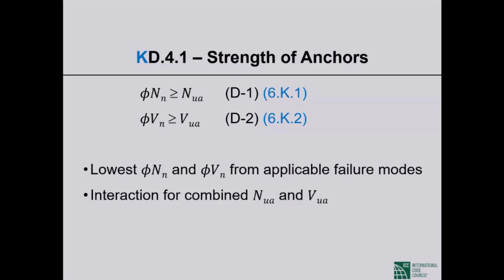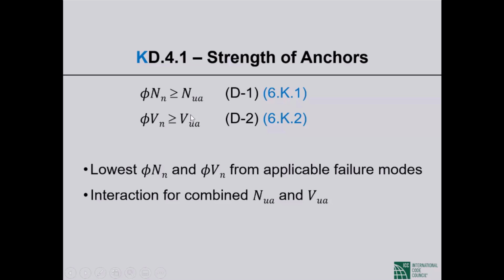Now, as in the design of any structural element, the design axial strength of the anchor has to be larger than or equal to the required axial strength, and the design shear strength of the anchor has to be larger than or equal to the required shear strength.